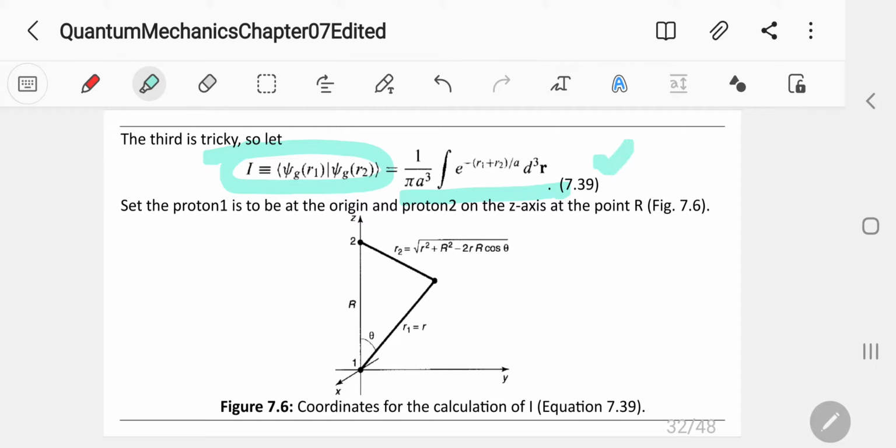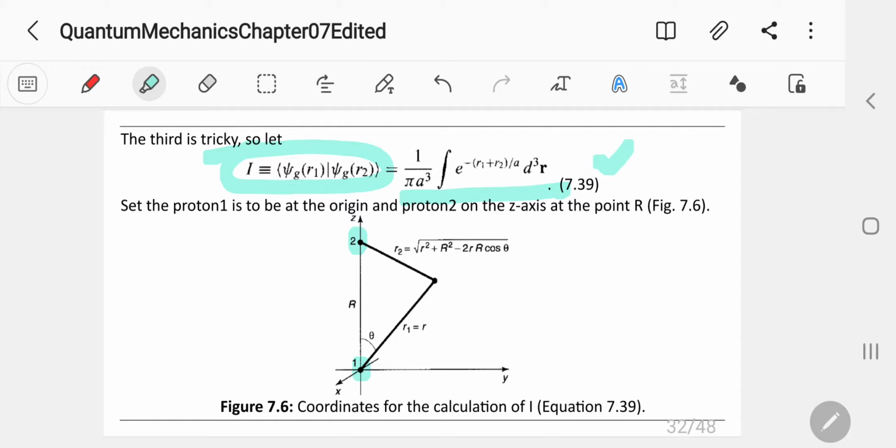To simplify this integral, we can set the first proton at the origin, and then the second proton, which is just R away from the first one.